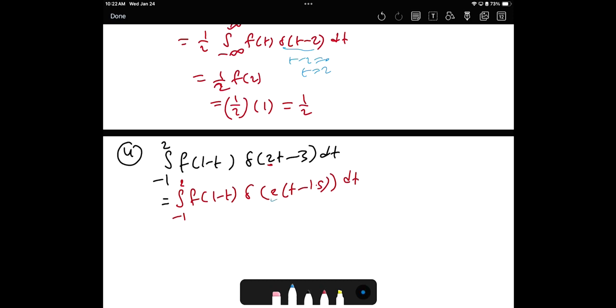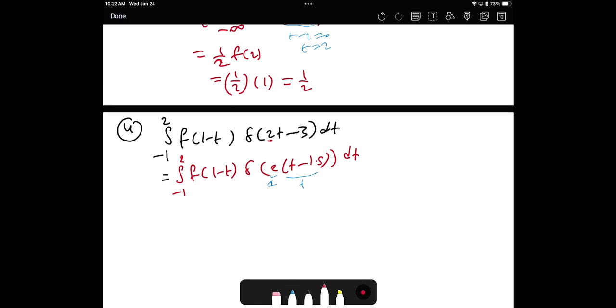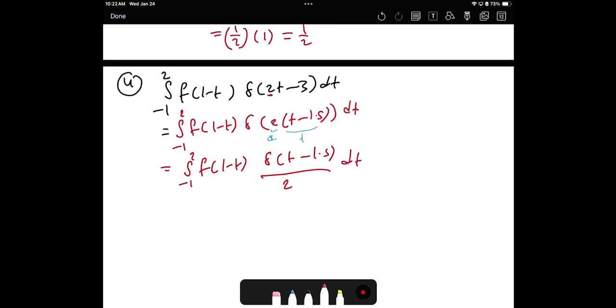Now this is a, this is t, we will make 1/a, so the integral according to the properties is 1/2, f of 1 minus t delta t minus 3/2 divided by a, which is 2, dt. Put the 1/2 outside of the integral, so it will be between -1 to 2 of f of 1 minus t delta of t minus 1.5 dt.